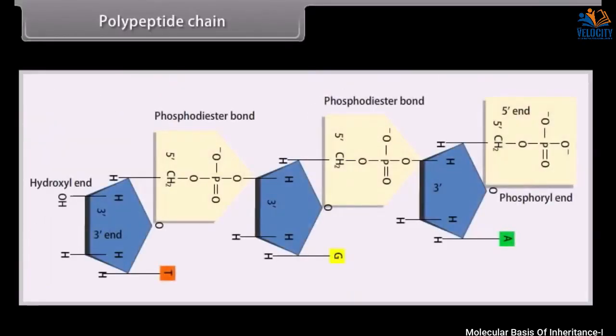A polynucleotide chain has phosphate moiety at one free end of ribose sugar. This is known as 5' of polynucleotide chain. Other free end of ribose sugar has attached OH group. This is called 3' of polynucleotide chain.